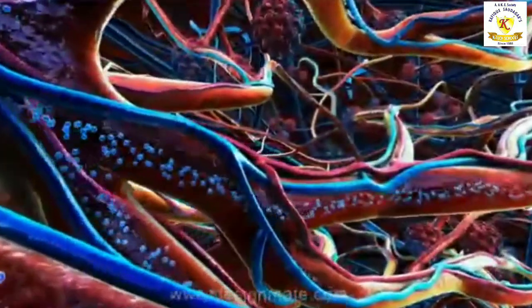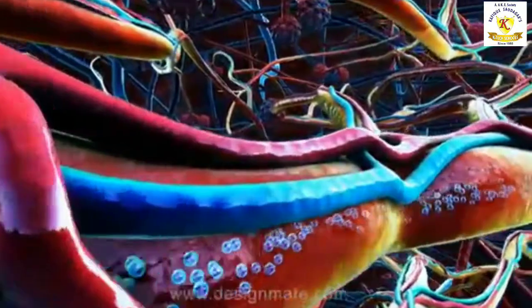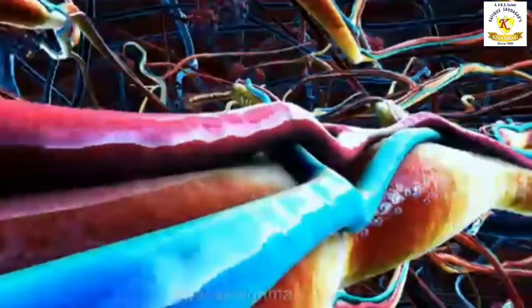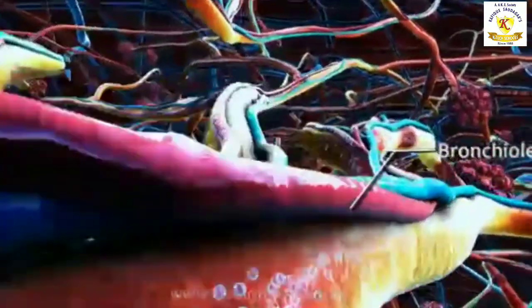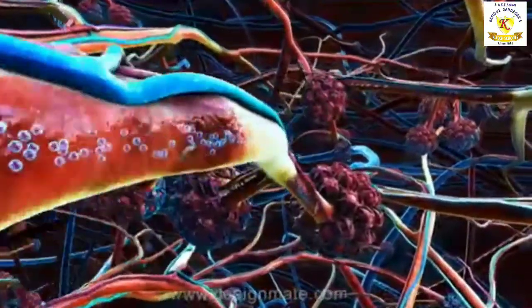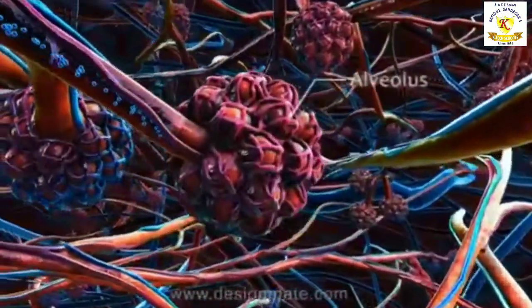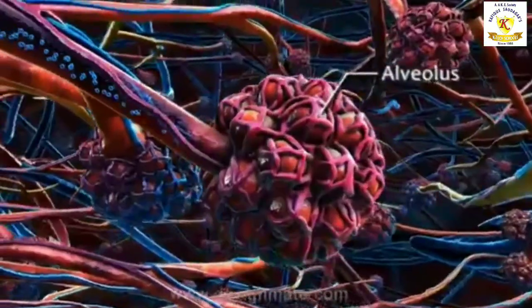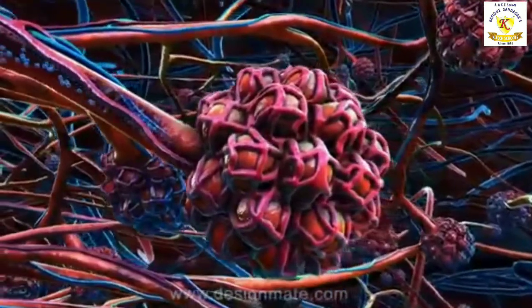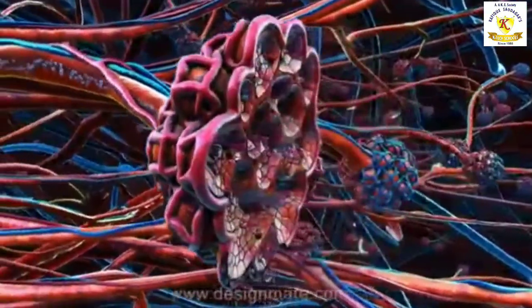Within the lungs, the bronchus divides repeatedly to form bronchioles. Oxygen travels through these bronchioles and reaches the alveoli, each of which is surrounded by a network of capillaries.